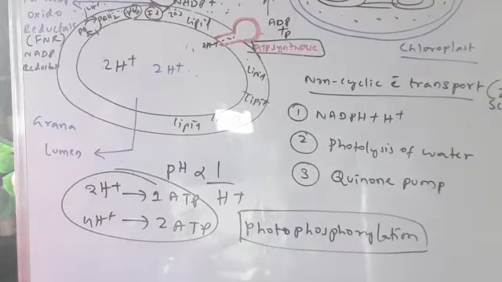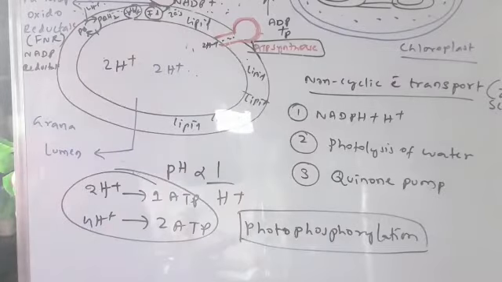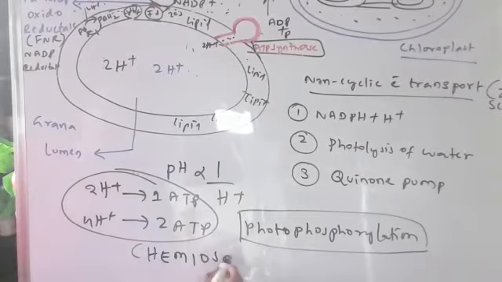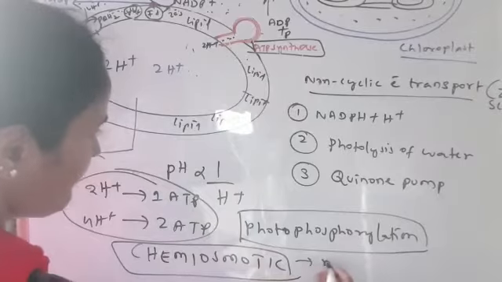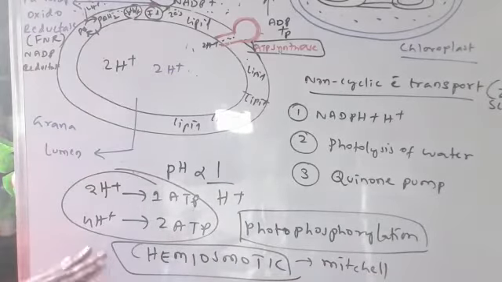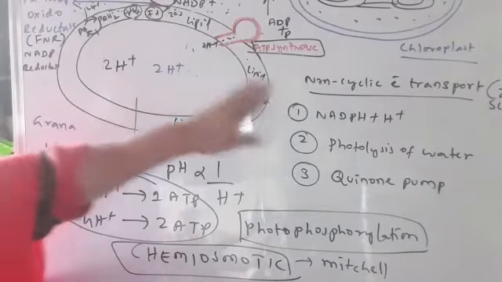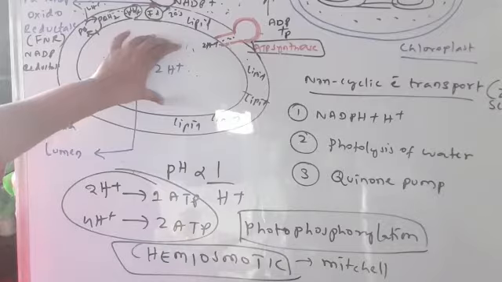Right. Now this is the chemiosmotic hypothesis, which was given by the scientist Mitchell. Chemiosmotic hypothesis means that when a proton gradient forms, a proton motive force is generated.